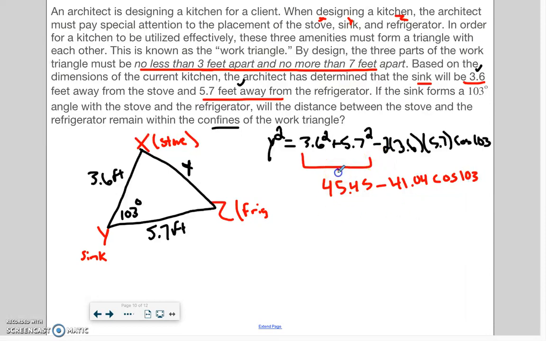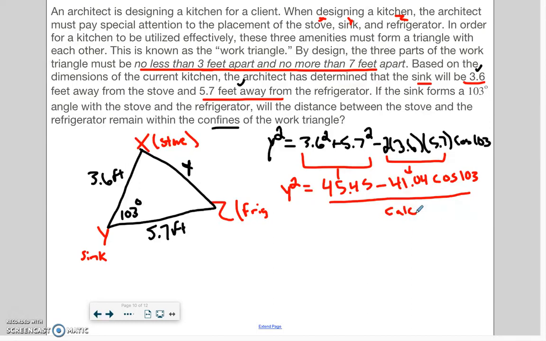A healthy habit is to get these numbers here, because now it's just a matter of manipulating everything. You can say y squared is equal to this, and plug this whole thing into your calculator exactly the way you see it there.